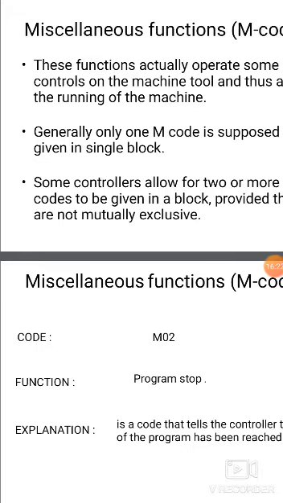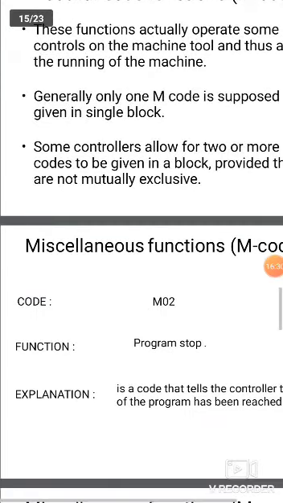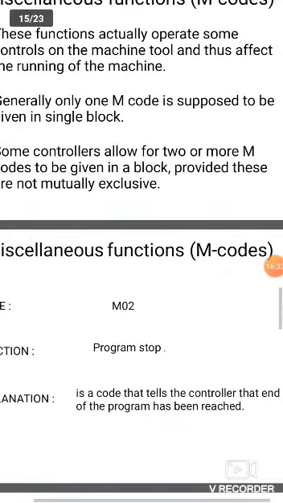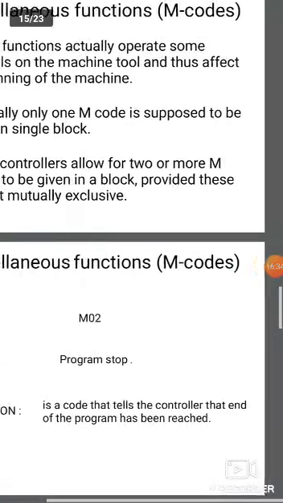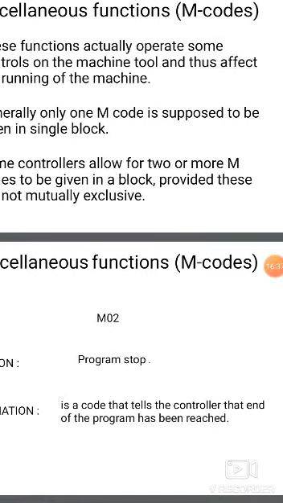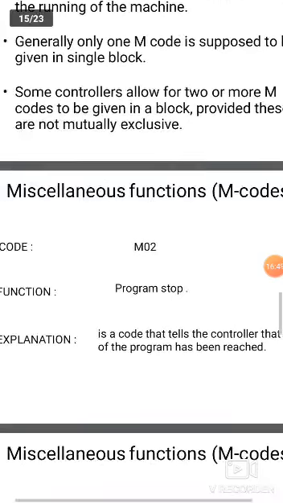M00 means program starts, whereas M02 means end of the program. It is the code that tells the controller that the end of the program has been reached, so the program has stopped.